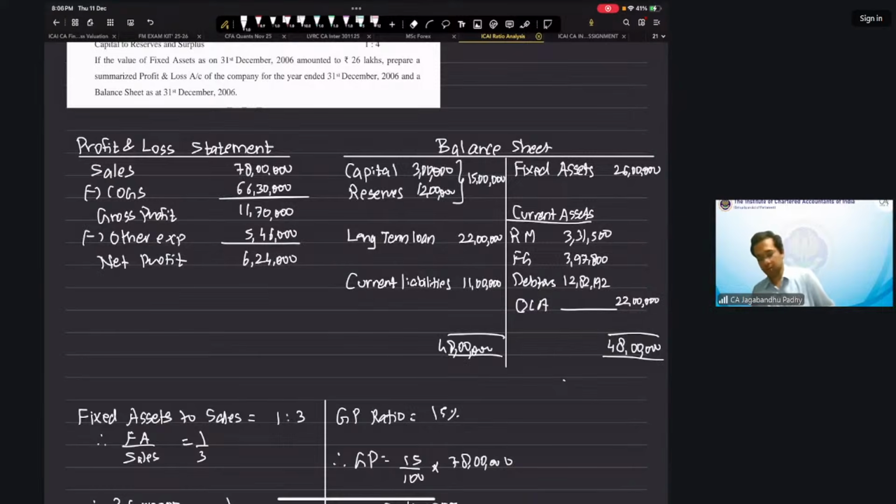So how much is the other current assets, guys? What is the value of other current assets? Give me the value of other current assets.